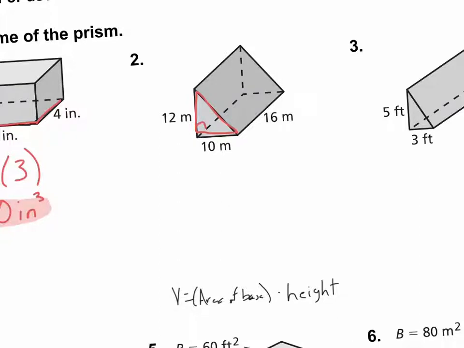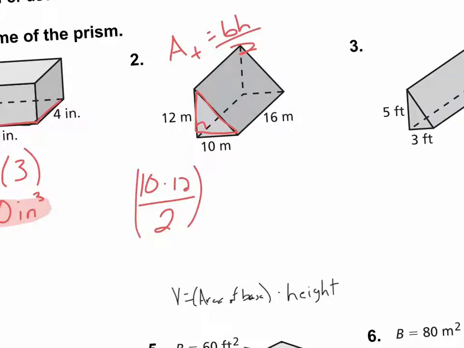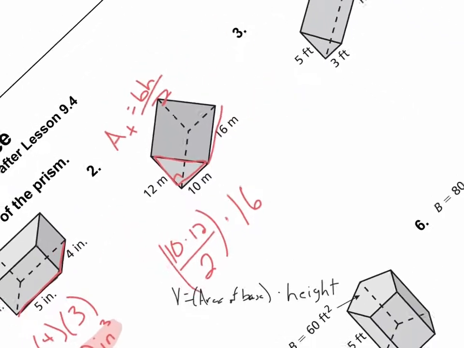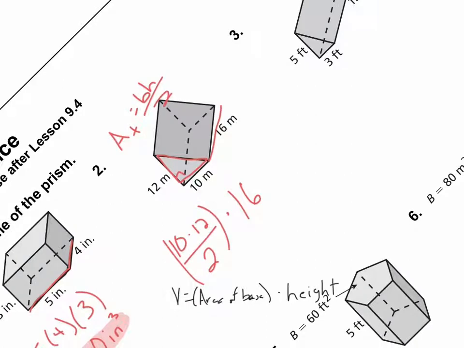So I know that my area of a triangle is base times height divided by 2. So base is 10 times height, which is 12, divided by 2. That's the area of the base, and then times your height. This 16 right here is actually your height. It doesn't look like your height, but if you put your base flat down and turn it, so this was my base right here, then it would make sense.